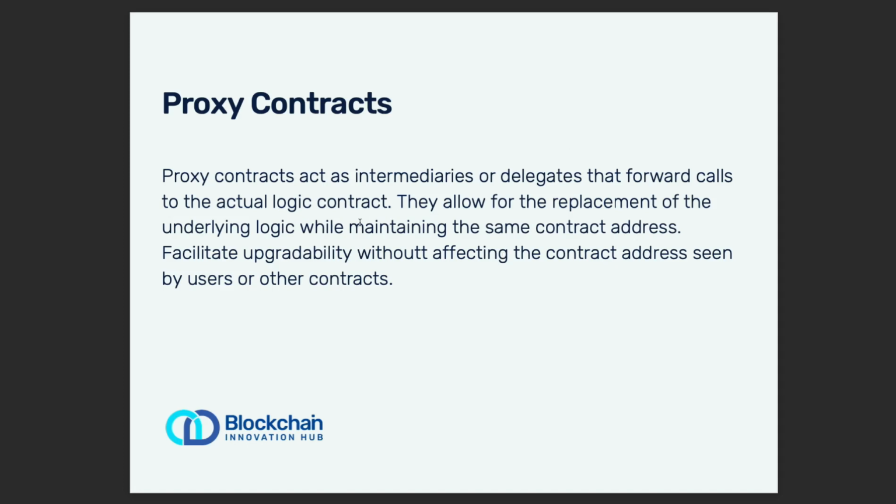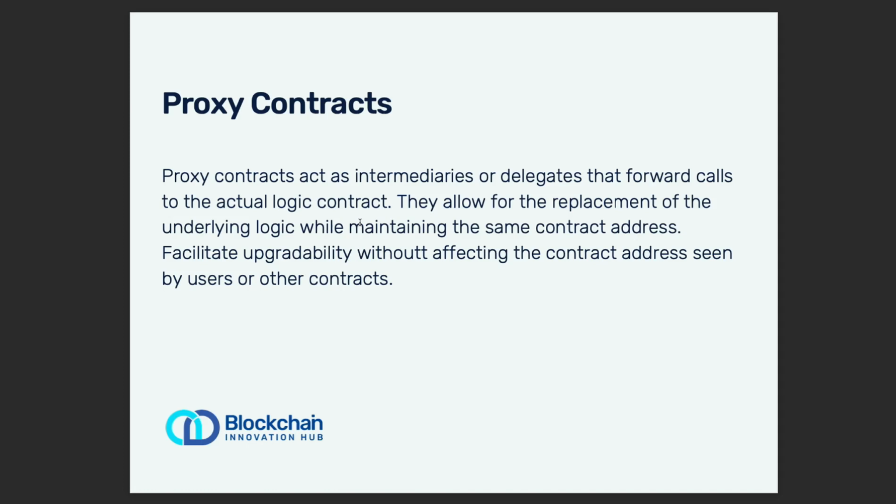Now, in terms of proxy contracts, they also act as intermediaries or delegates that forward calls to the actual logic contract. So you're not making direct calls to the actual logic contract. You're making the call to the proxy contract, that is going to act as the middleman. And then it now forwards the call to the actual logic contract.